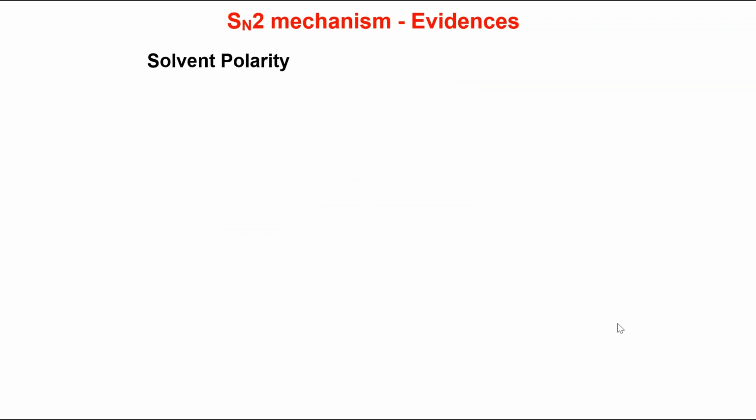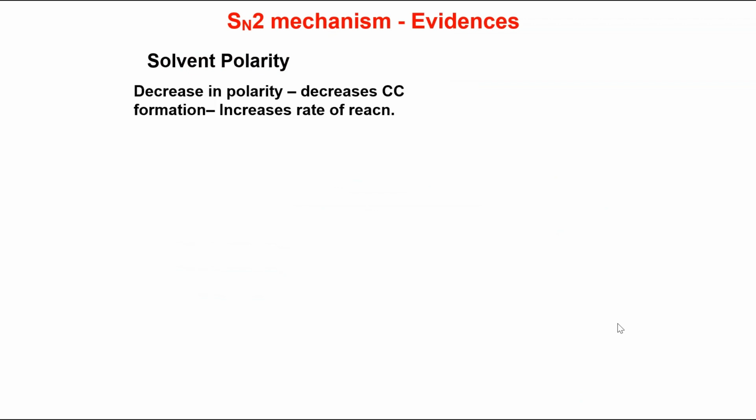The other evidence given is the polarity of the solvent. In the SN1 substitution mechanism, we have seen that as the solvent polarity increases, the rate of the reaction also increases. But in the SN2 mechanism, it is totally the reverse of that. That is, as solvent polarity decreases, the rate of reactivity increases. It in turn indicates that there is no carbocation formation.